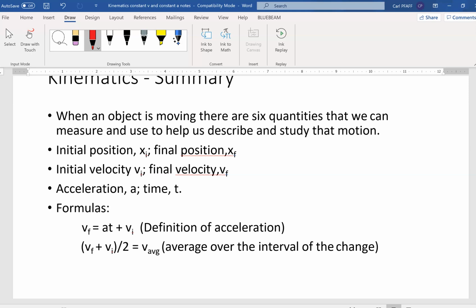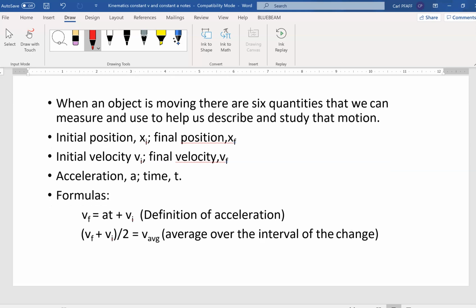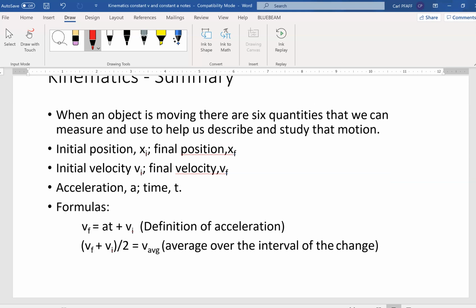And then the acceleration, how is that speed, velocity changing, and the time it takes for us to do that, right? We'll come back and talk about some of these formulas next week, but right now I just want you to understand the definition of velocity and how velocity is related to acceleration, and how do I move between the graphs.